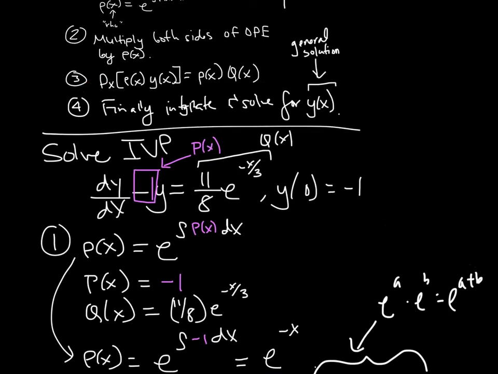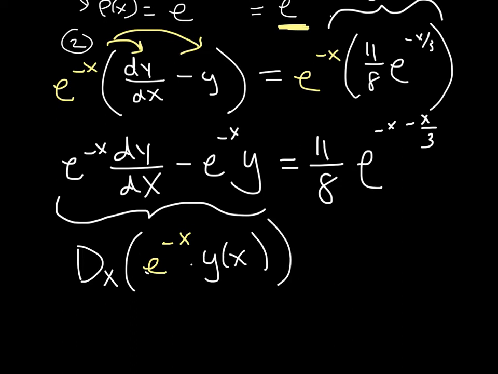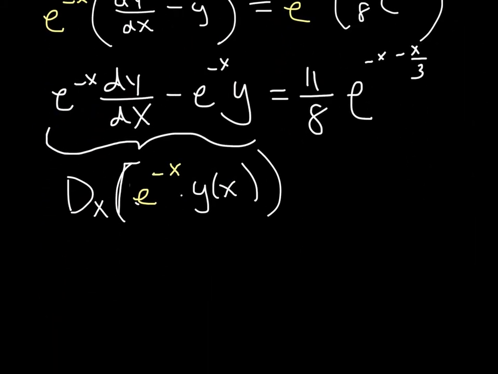I have capital D for derivative, dx, and then I have rho of x, which is yellow, times y of x. Let's use brackets to be consistent. It's not wrong if it's parentheses, but let's write brackets.